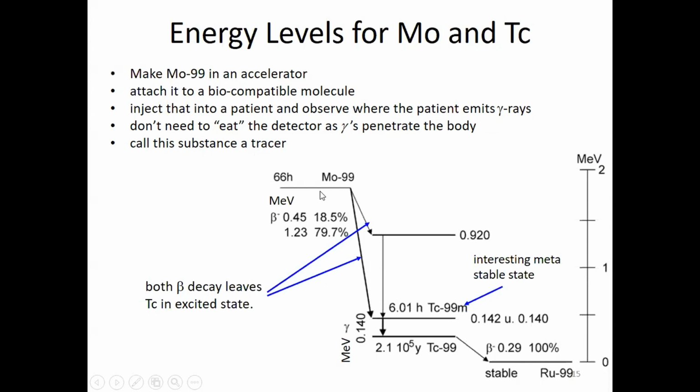The molybdenum is an isotope which emits beta particles. This line indicates the beta and the technetium in the excited state, and this technetium then decays with a certain life of 6.01 hours, while the molybdenum has a life of about 66 hours, and therefore can be very useful.